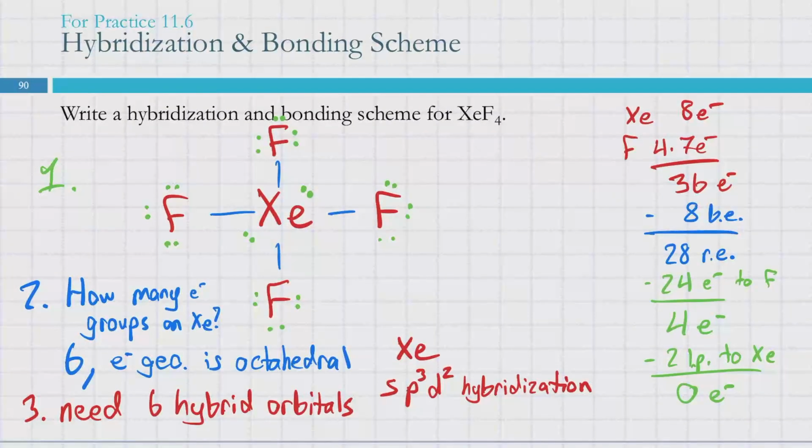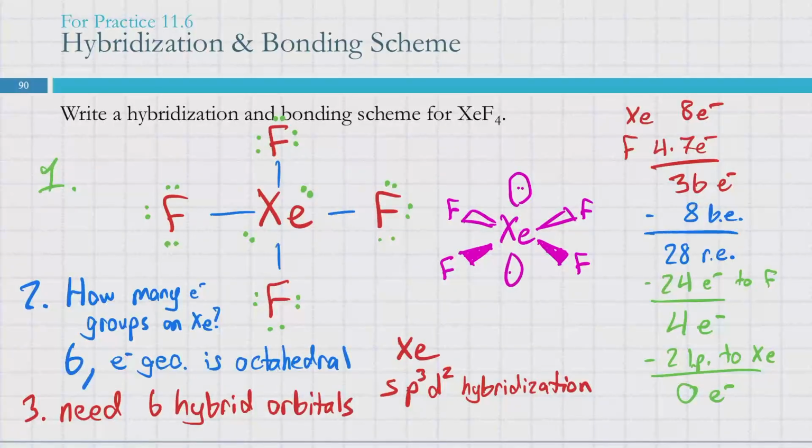So we are going to have basically the shape that we see here. Let me do this in a different color. I'm going to use filled wedges to indicate that they're coming out of the board, and unfilled ones to signify that they're going into the board. And then we've got a lone pair up and a lone pair down.